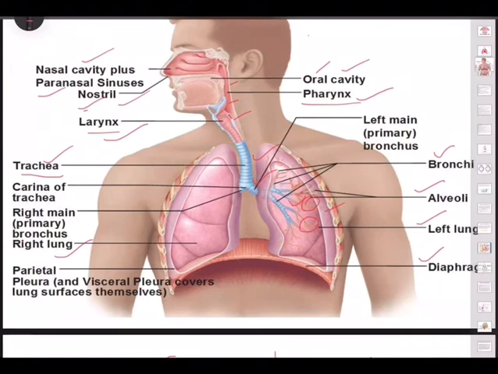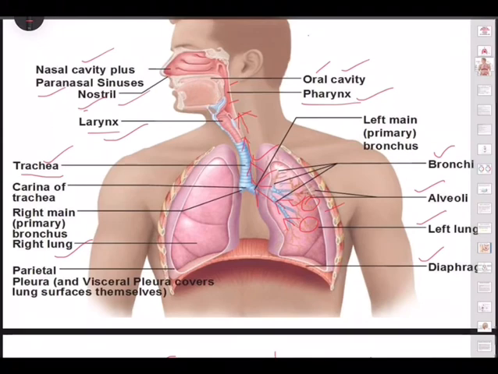What about expiration? Exactly the reverse of this. The release of carbon dioxide starts from the alveoli and alveolar ducts, then bronchioles to bronchus to trachea to larynx.